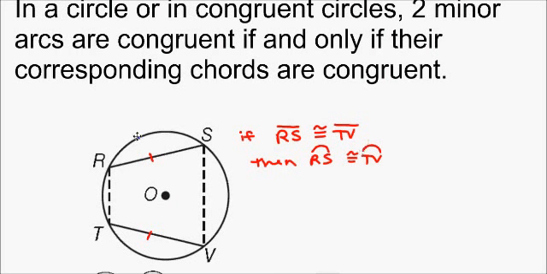So that would be talking about these parts of the circle outside here. Okay, and that goes the other way as well. So I know that if the arcs are congruent, then those chords are congruent.